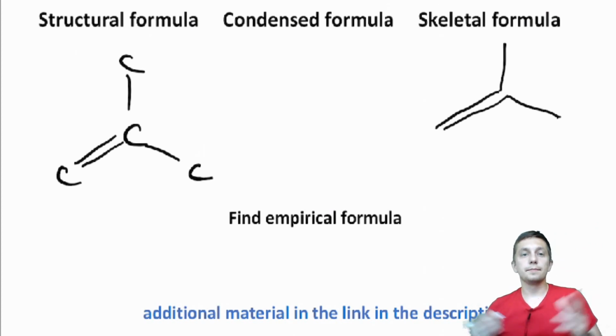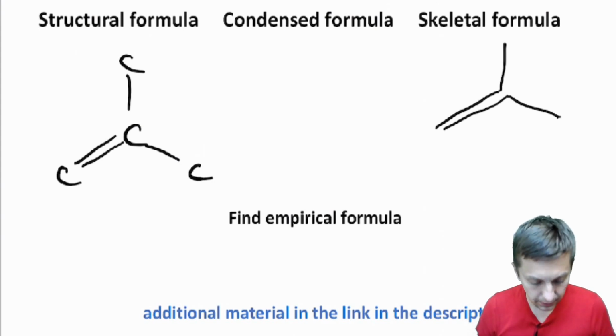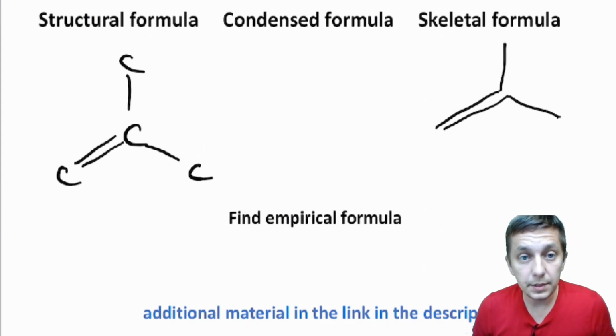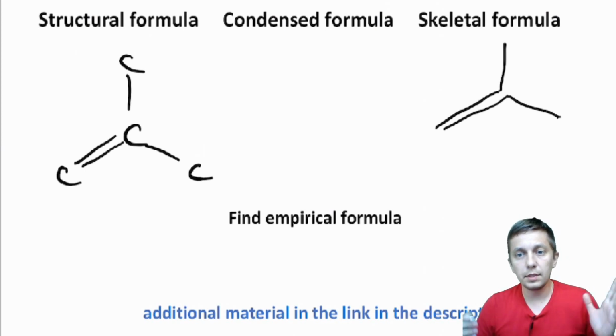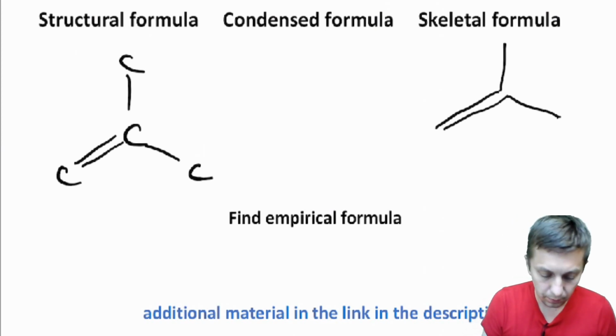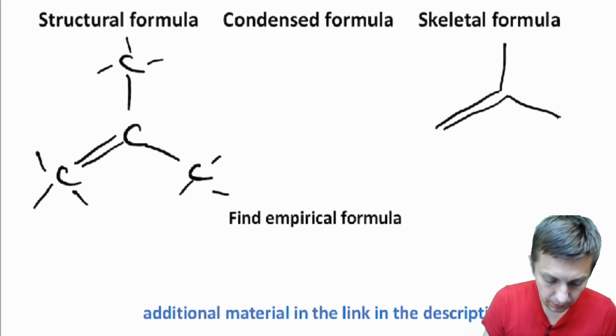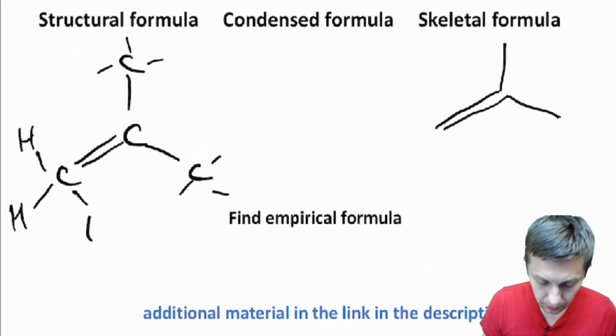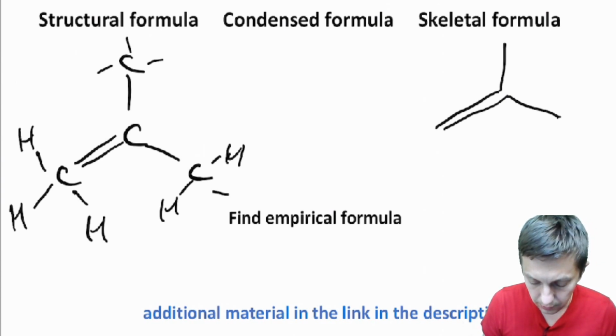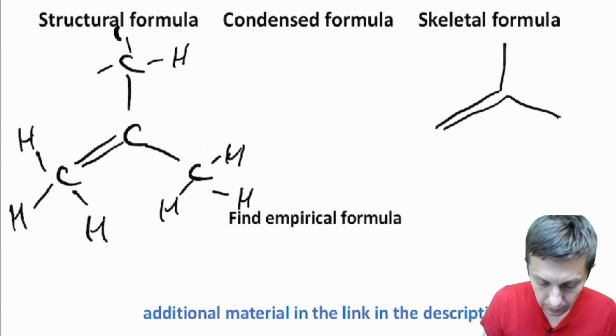All the rest of the connections are with hydrogen, because carbon has valence 4. It means each carbon has 4 bonds. So H, H, H, H, H, H, H, H.